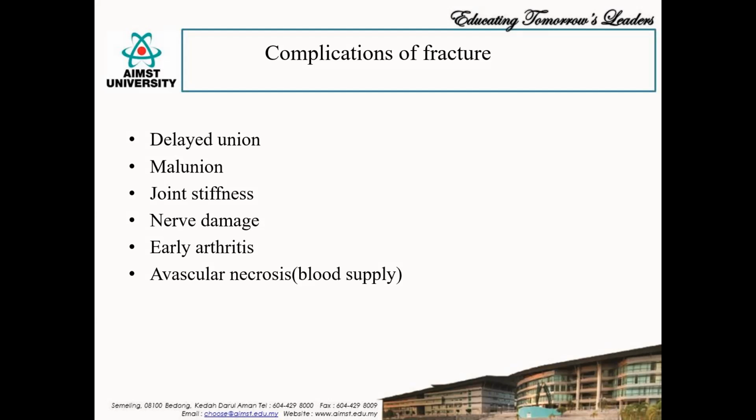After 50 a person is more prone to develop degenerative changes, but if there is a fracture, joint stiffness or immobilization and many other reasons may cause early arthritis. And then we have avascular necrosis also, the lack of blood supply to that area. These are the various complications of fracture.